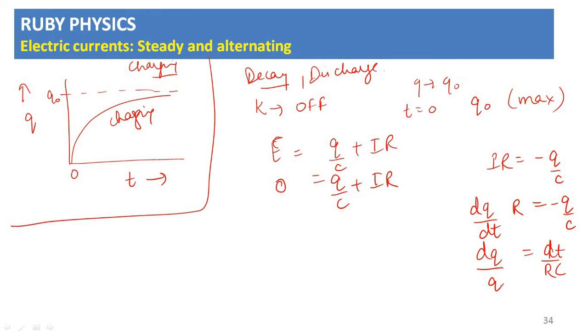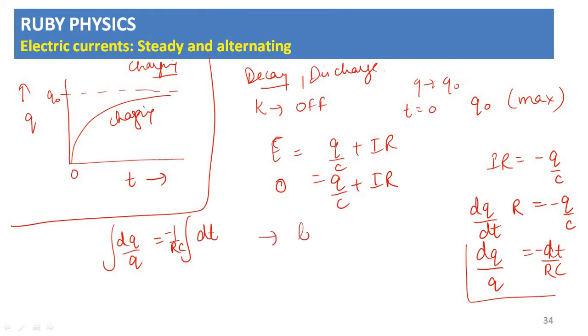So we have to integrate this equation: the integral of dQ/Q equals the integral of −1/RC dt.